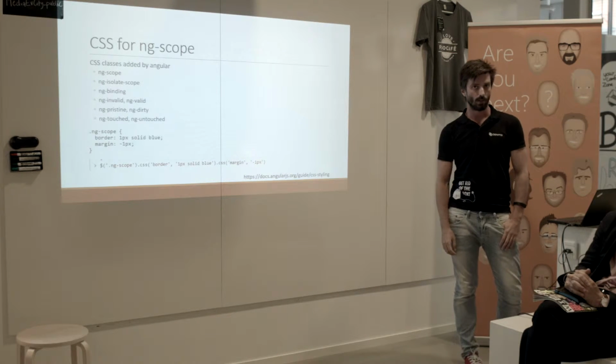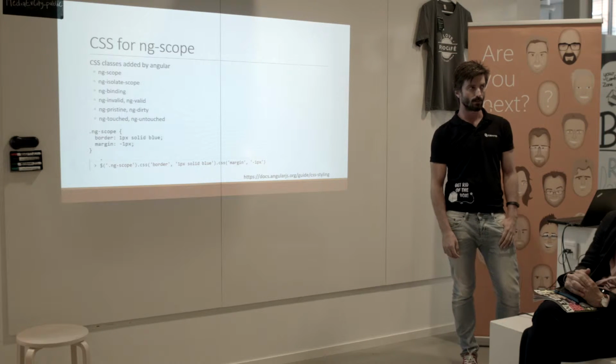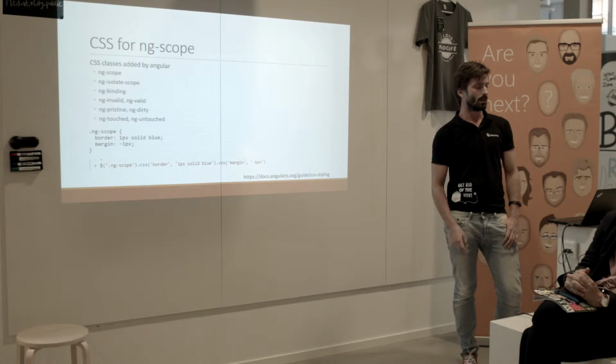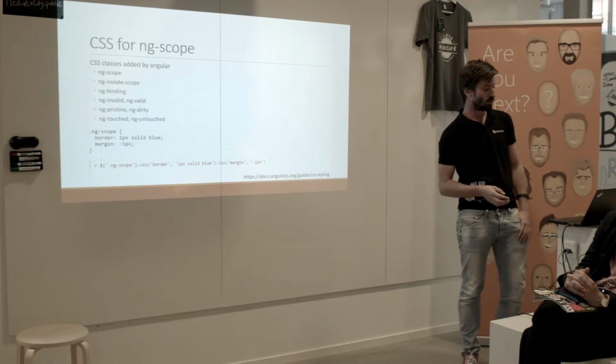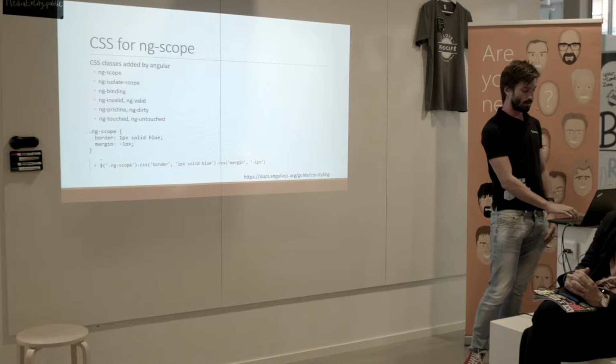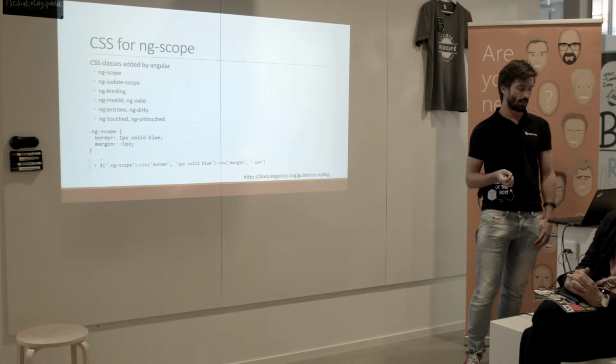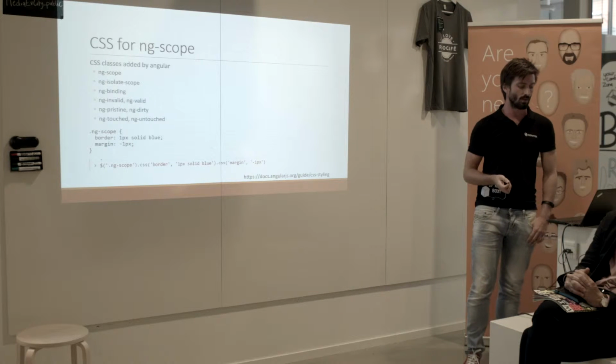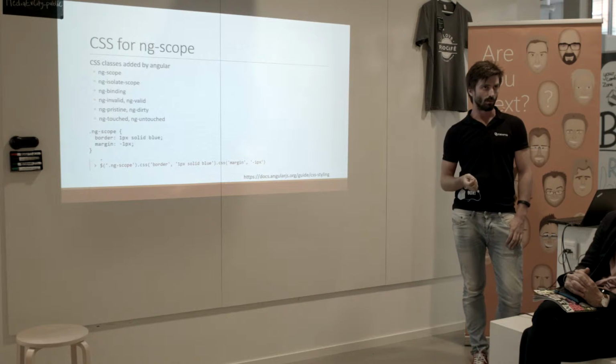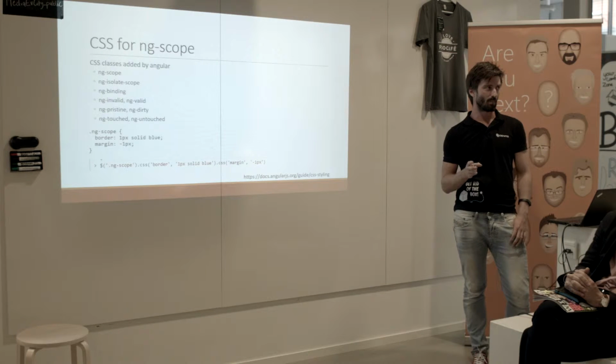Pristine and dirty are related to input elements. So the pristine is used when, let's see, I'll read here. It's used by the Angular ng-model directive, and it applies the ng-pristine class to a new control that you haven't touched yet.